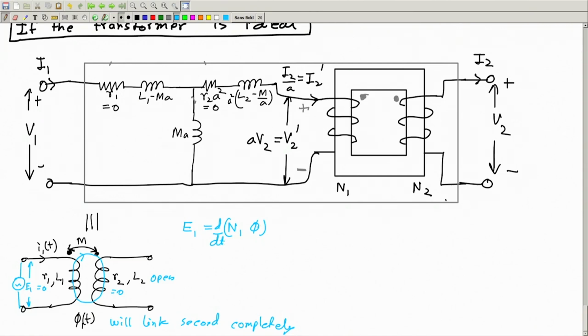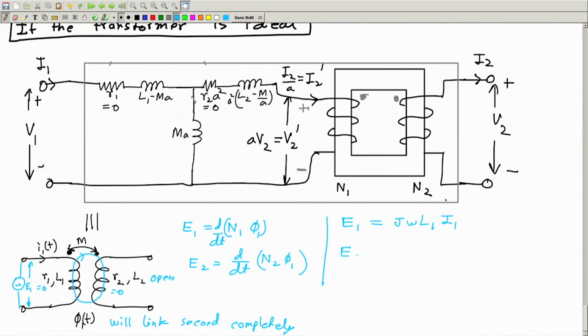Okay, and this is E1, and how much will be E2? E2 will be d/dt of N2 into phi, call it phi 1 because this is due to current 1. We also know that E1 is equal to j omega L1 I1.